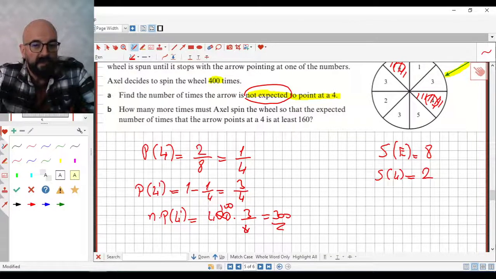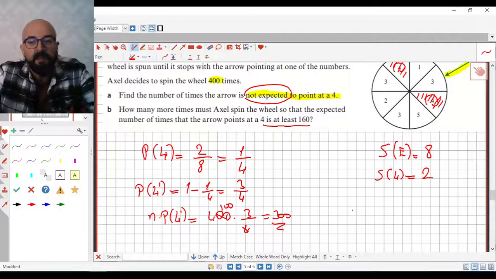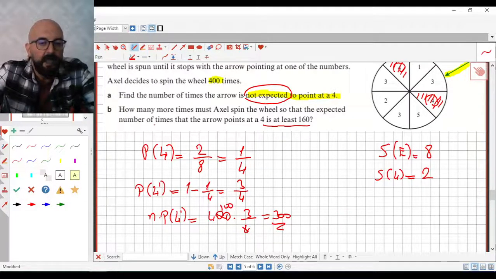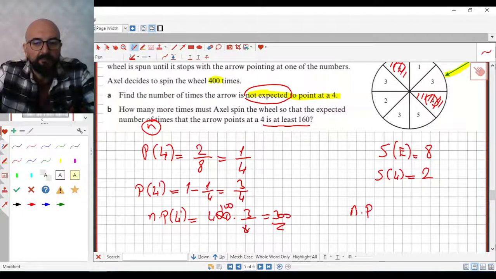How many more times must Axel spin the wheel so that the expected number of times that the arrow points at a 4 is at least 160? Let the number of times be n. n multiplied by the probability of 4 should be 160, so n multiplied by 1 over 4 should be 160.